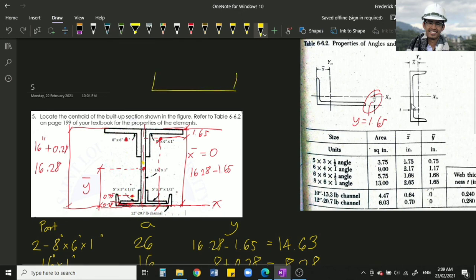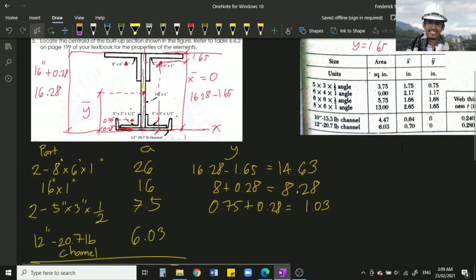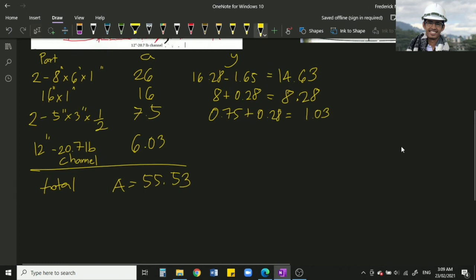Ito yung ating C channel, no? So andito banda yung buong bar Y niya. Okay? So this will be bar Y ng ating C channel. So that is 0.7, no? 0.7. So nandito siya sa table, no? Dito siya sa table. So that will be 0.7.